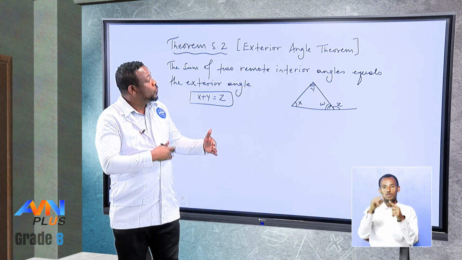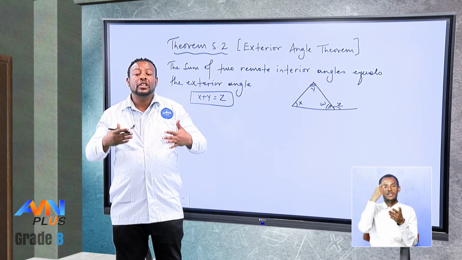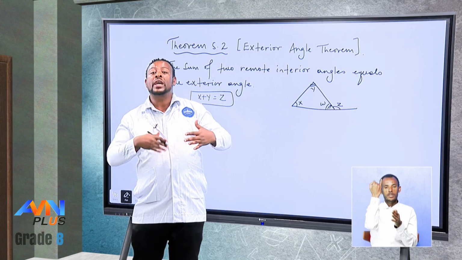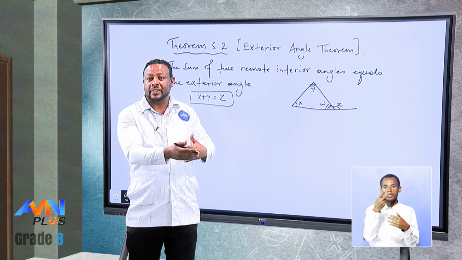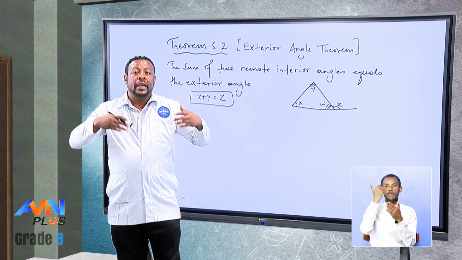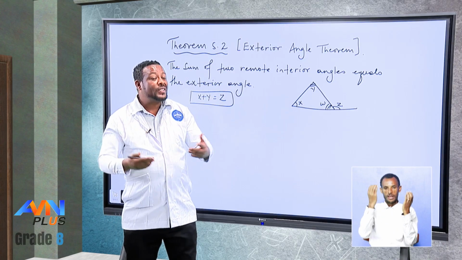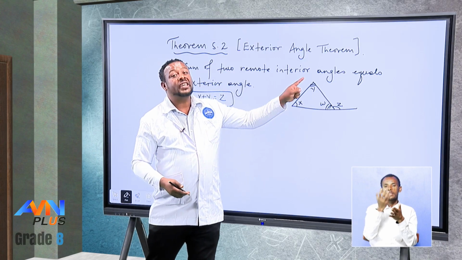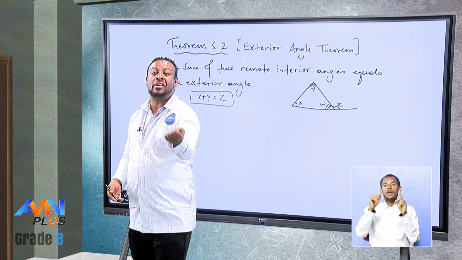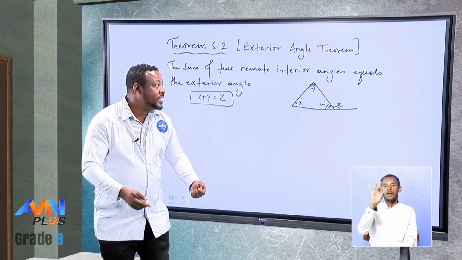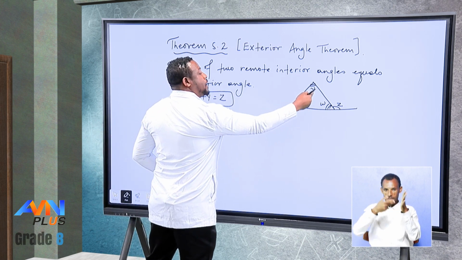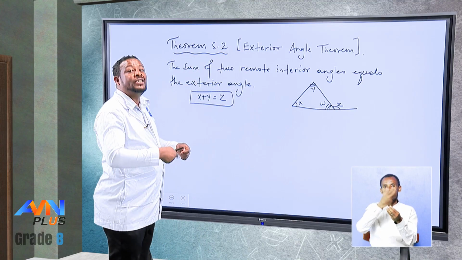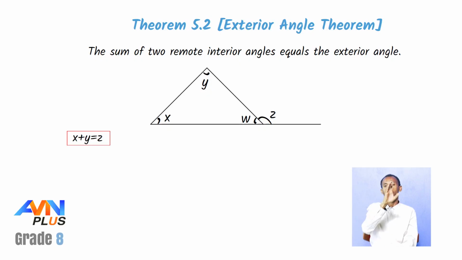To prove this theorem, we need to apply the concept that we have seen in the previous lesson. In our previous lesson, we have seen that the sum of the interior angles of a triangle is 180 degrees. That means X plus Y plus W is 180 degrees, okay?